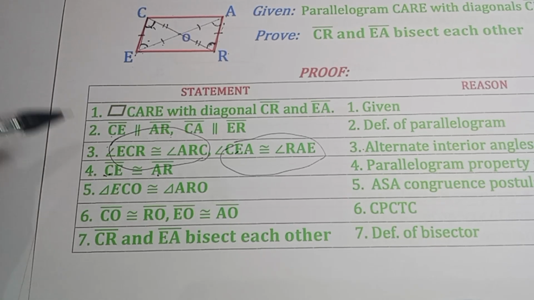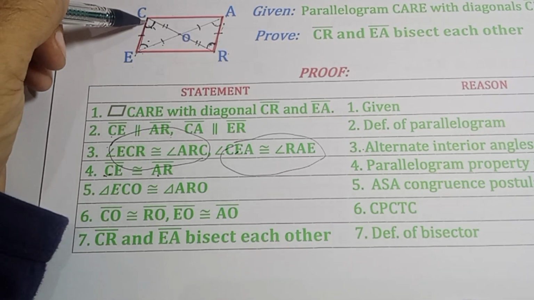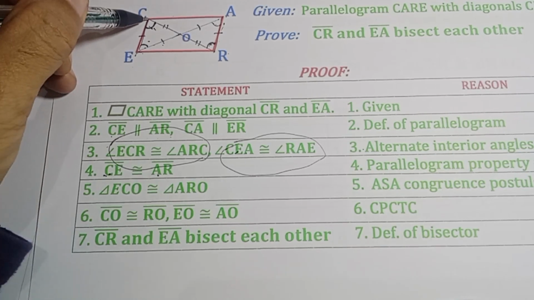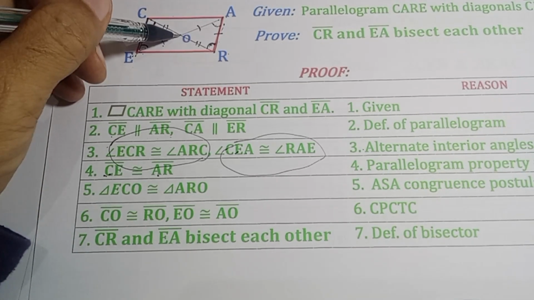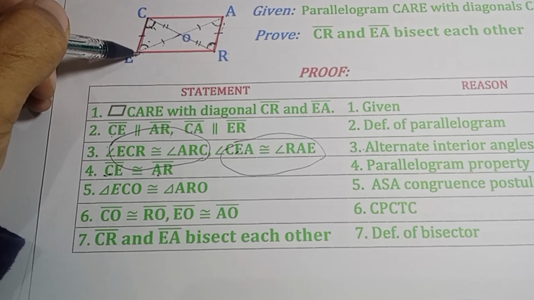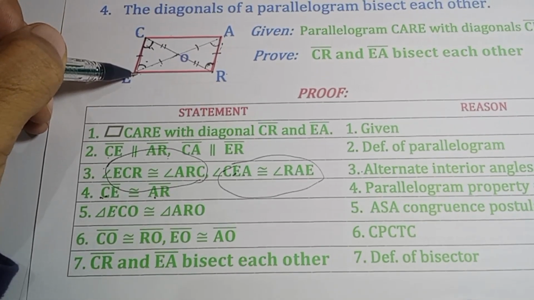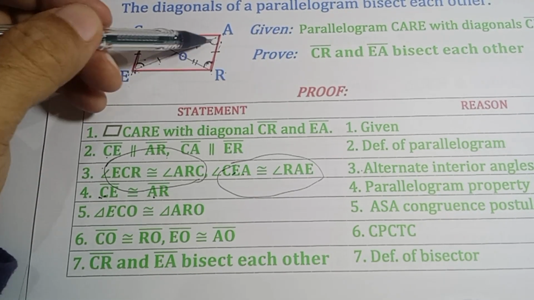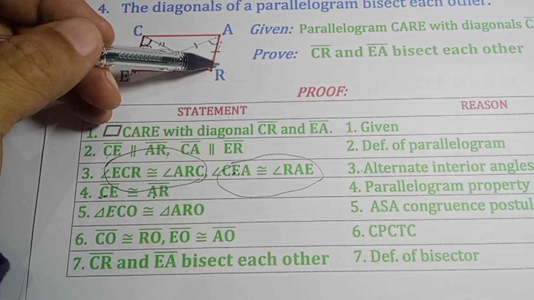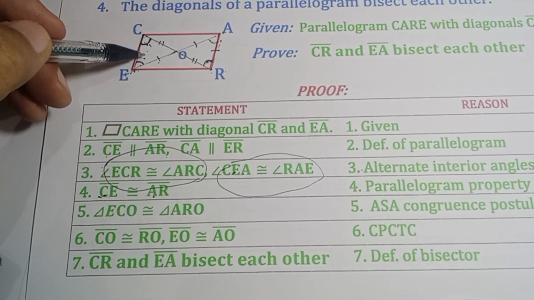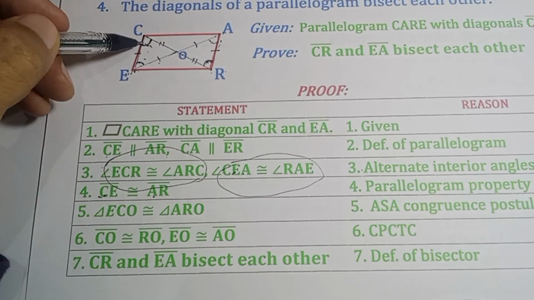So we can conclude now that triangle ECO, this one, is congruent to triangle ARO, this one. So these two triangles are congruent by the ASA congruence postulate.